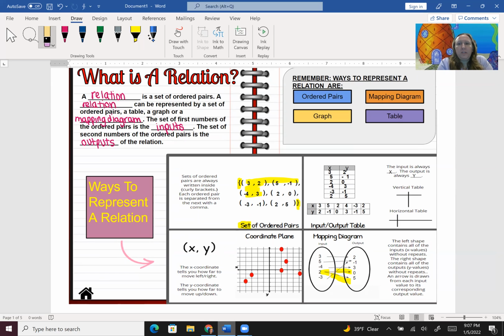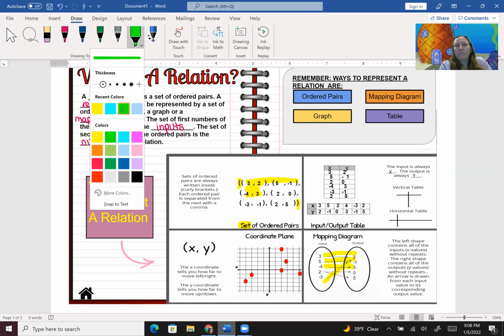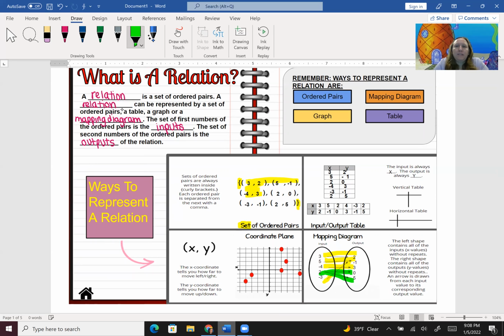Everything else was good. Okay, we had 3 paired with 2 and 5 paired with -1, -4 paired with 3, -3 paired with -1. Each of those only went to one output. So if it was only those 4, we would be okay. But because of that 2 going to 2 different ones, this meant it was not a function anymore.